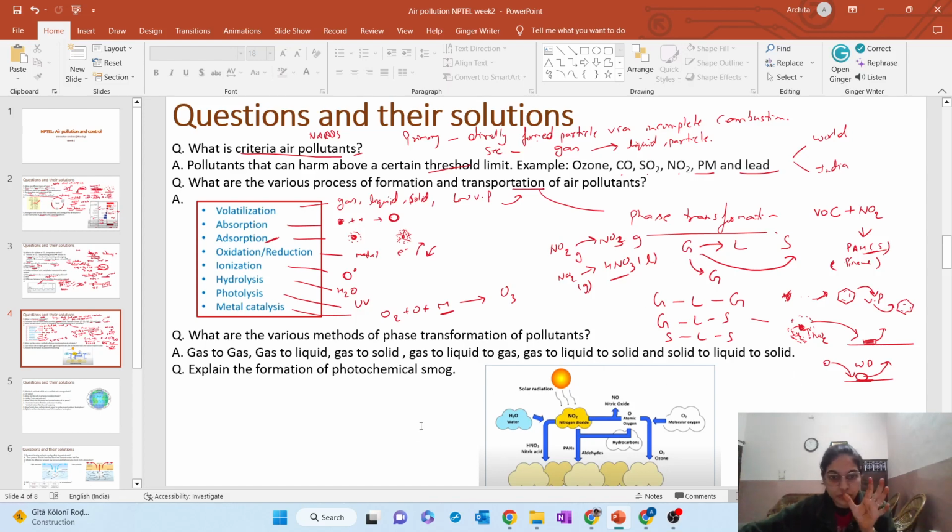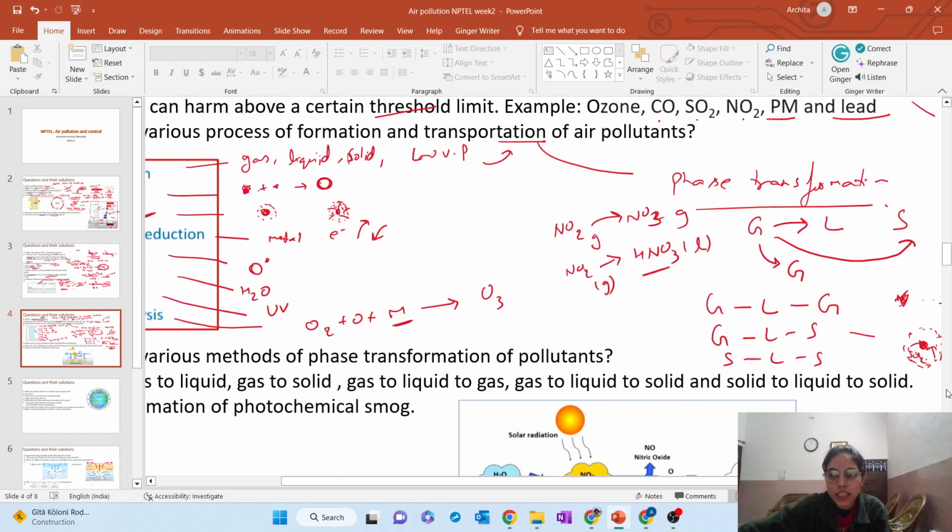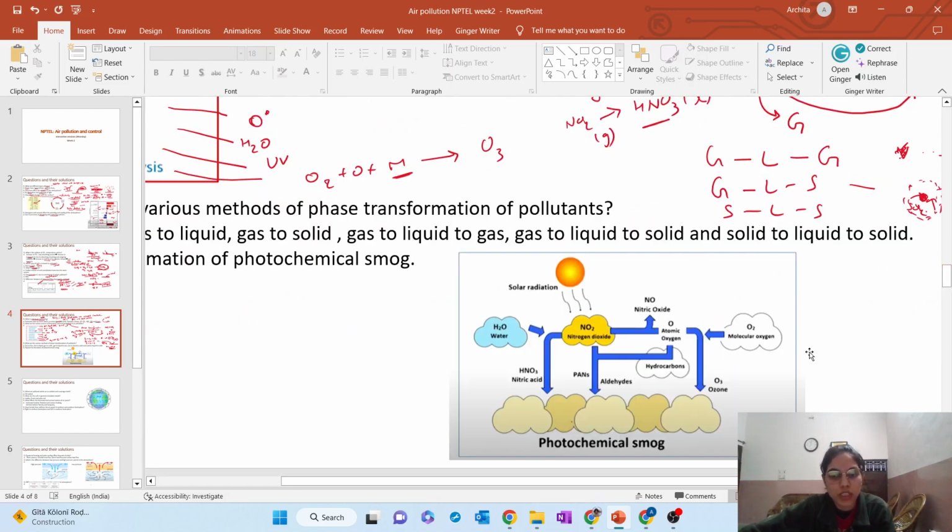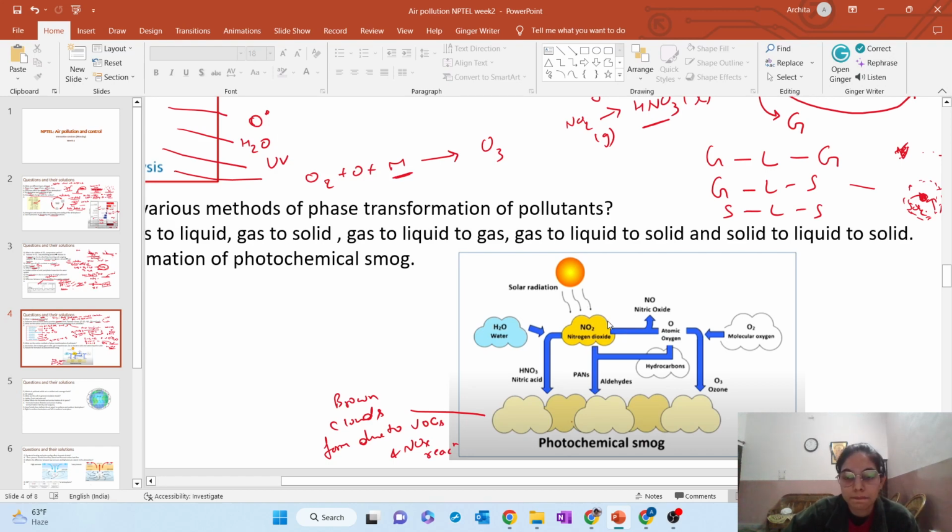Now, photochemical smoke is one example of such a transformation. Photochemical smoke is nothing but brown clouds formed due to the reaction of VOCs and NOx, or nitrate.